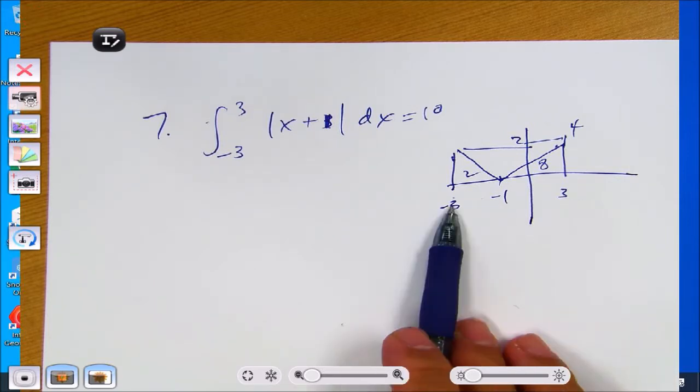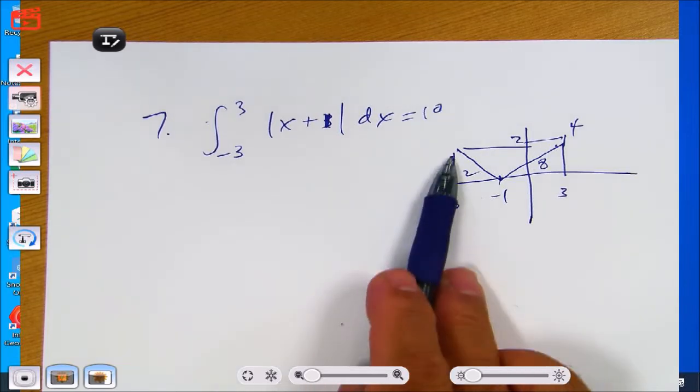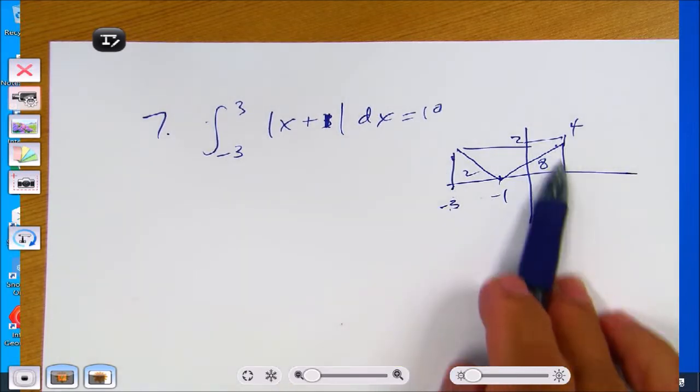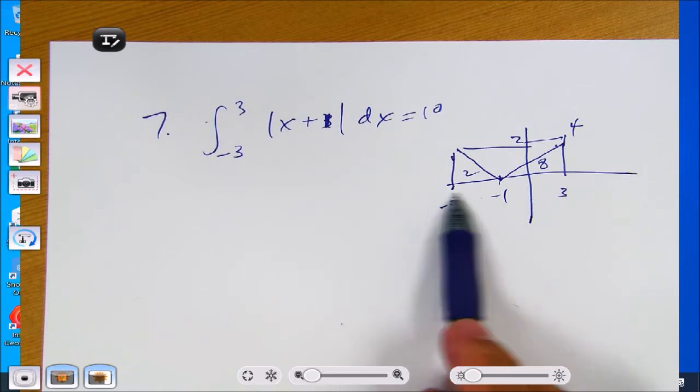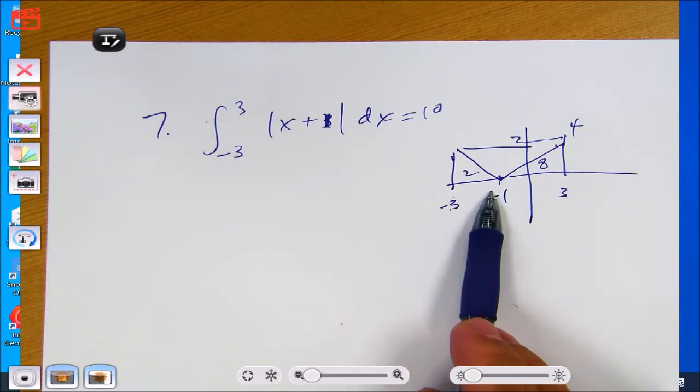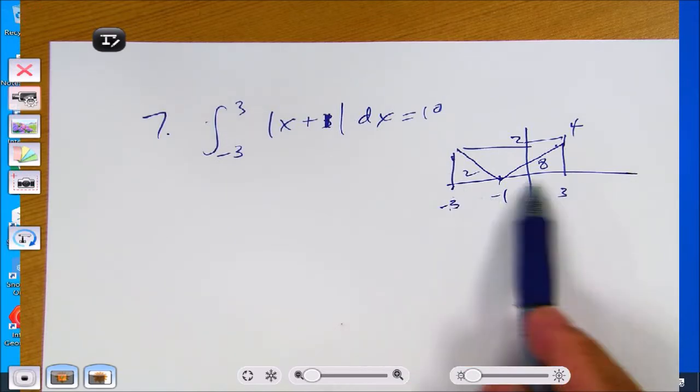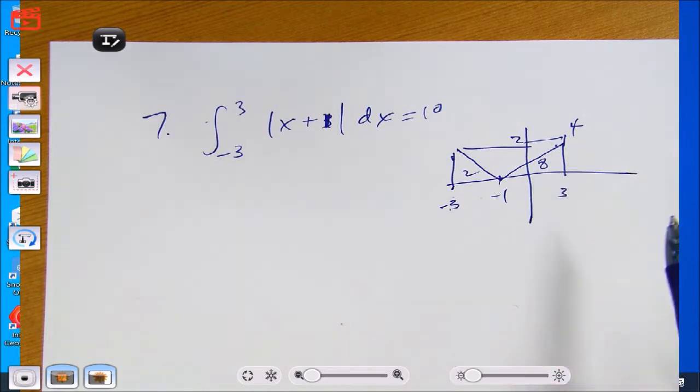And then if you plug in -3, you get 2. So the height is 2, height is 4. This width is 2. 2 times 2 is 4, divided by 2 is 2. This is 4 by 4. 4 times 4 is 16, divided by 2 is 8.